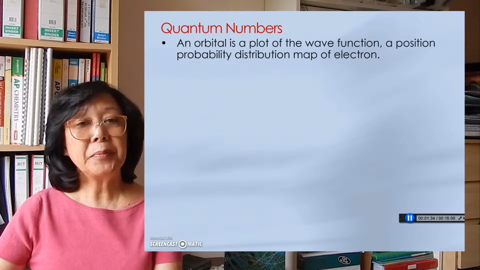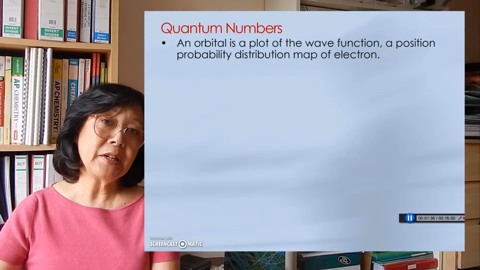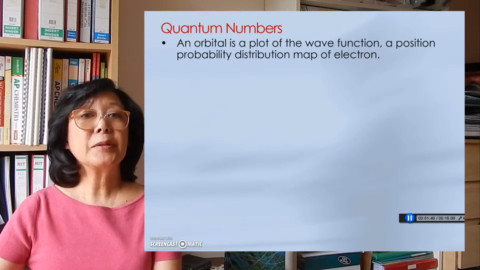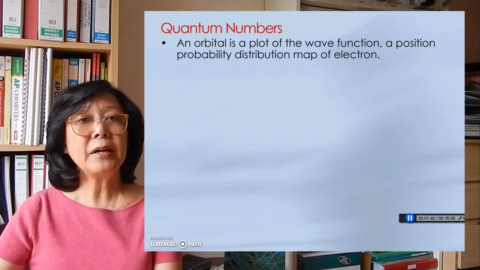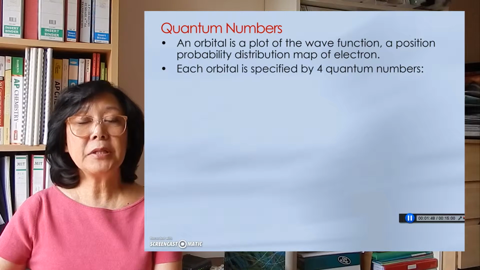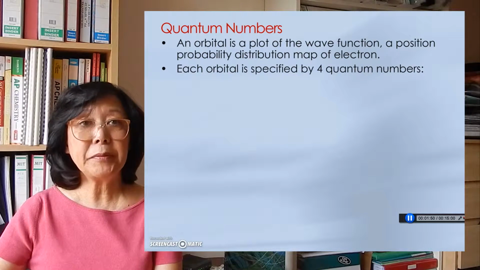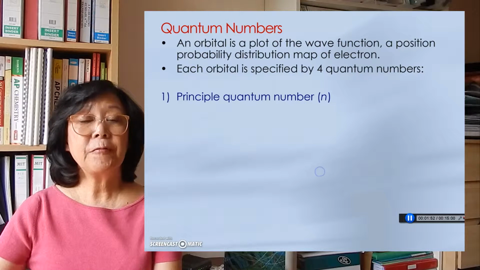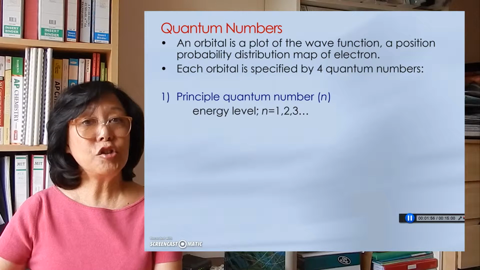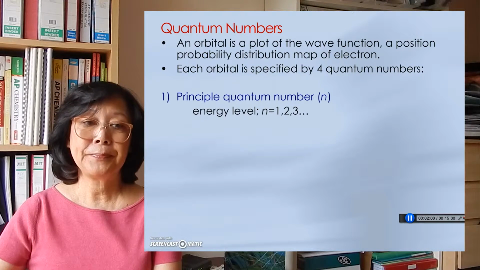So quantum numbers describe an orbital. Now, an orbital is really the probability of finding a fast-moving electron within a region. Every orbital is described by 4 quantum numbers. The first one is the principal quantum number, which represents the energy level that can go from 1, 2, 3, and up.